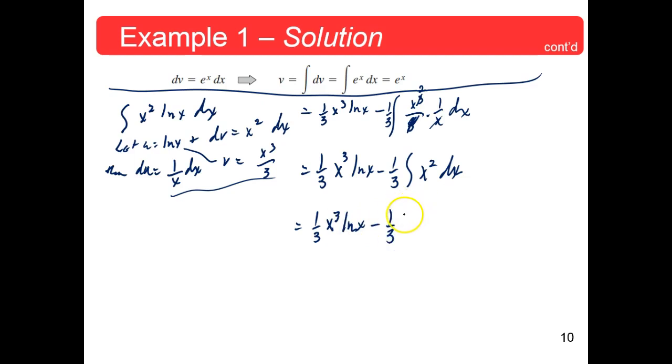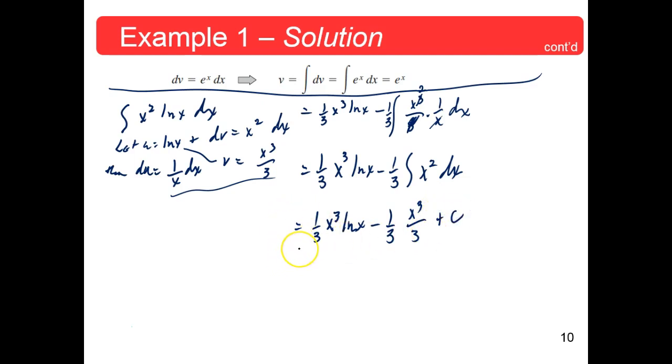And what does this give us? x cubed over 3. We already did it once, okay, and we're doing it again. And then we finally have a plus C, okay?